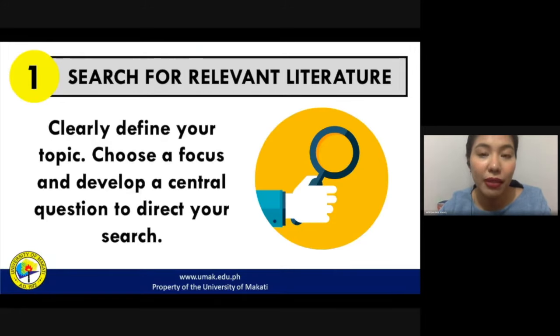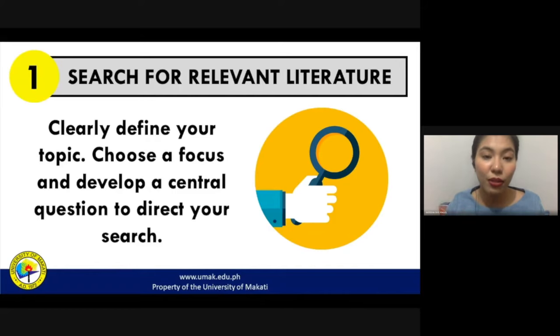So how do we do that? The first thing that you have to remember is that your topic should be clearly defined. Okay, so the topic has to be clear first and foremost. Once you have decided on the specific topic, then that's the time that you can choose a focus and develop a central question to direct your search.